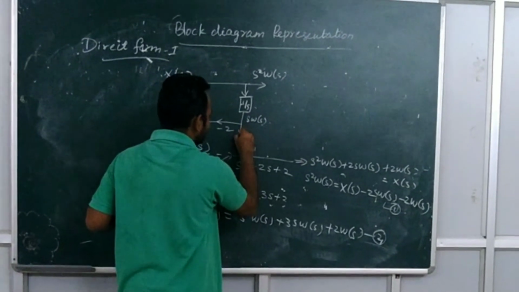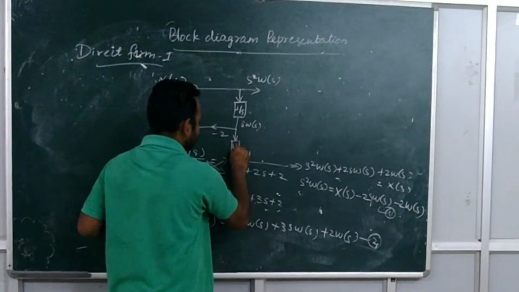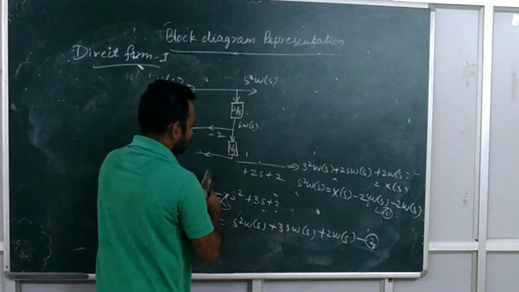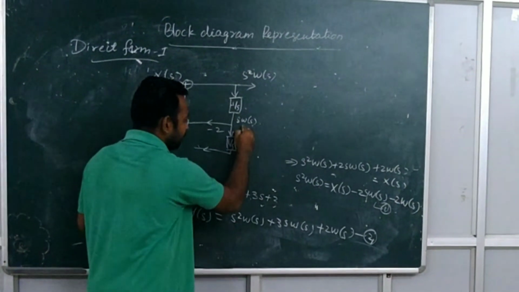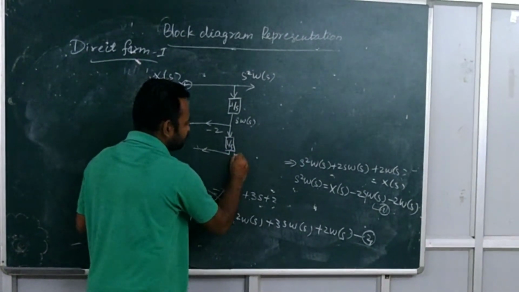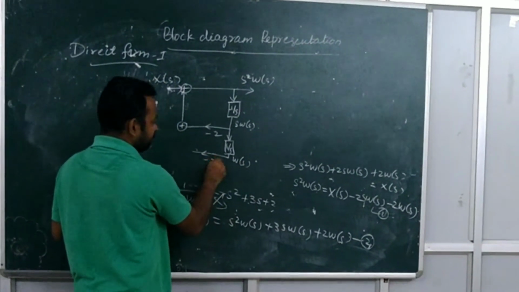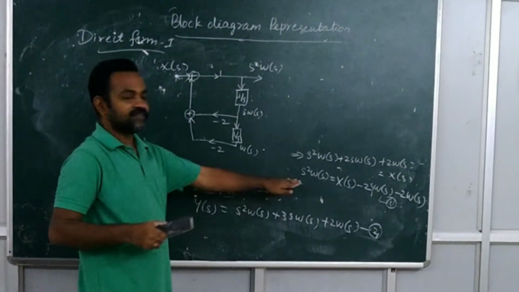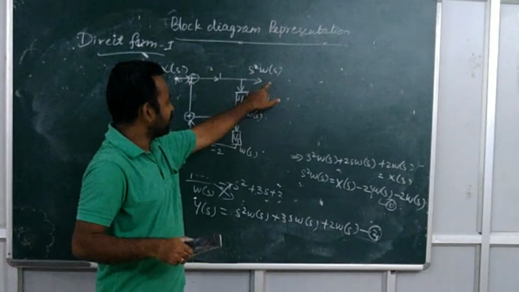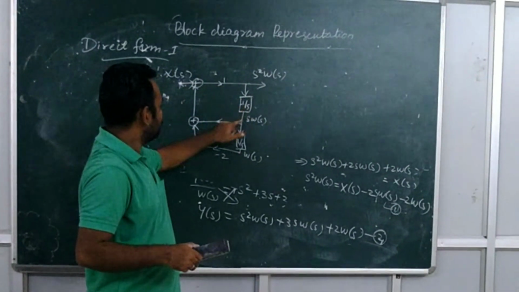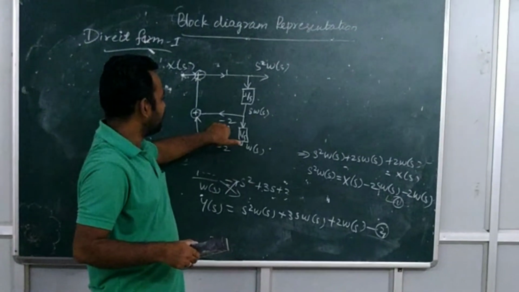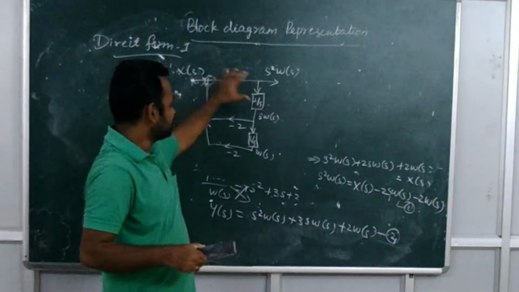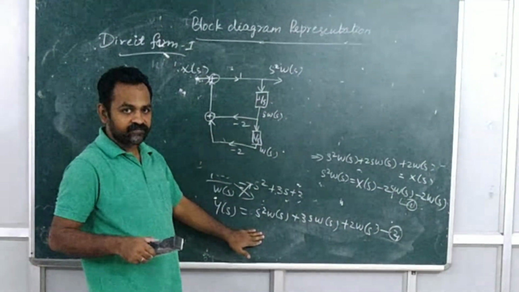So here once again if you are connecting a delay element, at this point it becomes s W of s divided by s, means you are getting W of s and the magnitude is minus 2. So this is the representation of this equation: s square W of s is equal to X of s minus 2 by s into W of s minus 2 by s square into W of s. This is represented here.